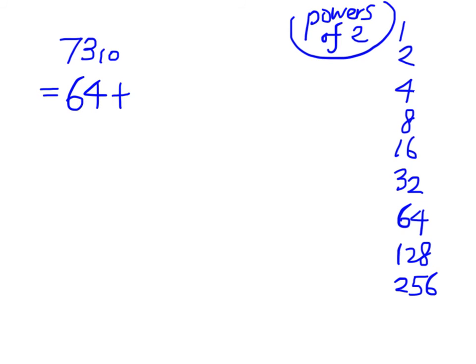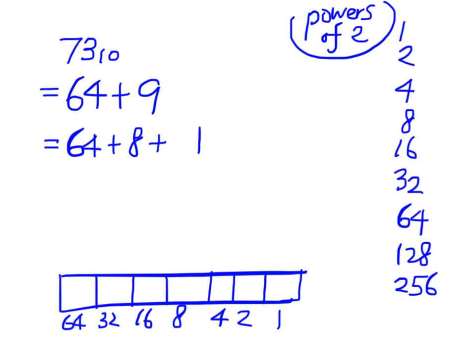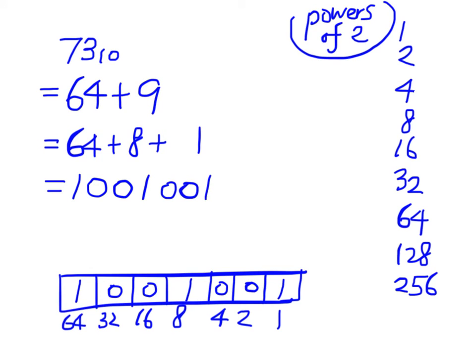And 9 can be further broken down into 8 plus 1. Therefore, we have a 1 in the box 64, 1 in the box of 8, and 1 in the box of 1. And then we fill up the remaining boxes with zeros. Therefore, this will be 1001001 base 2.